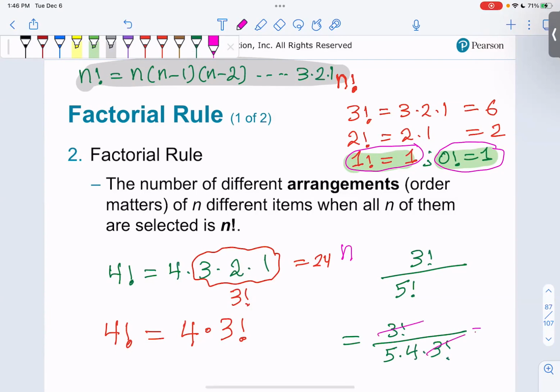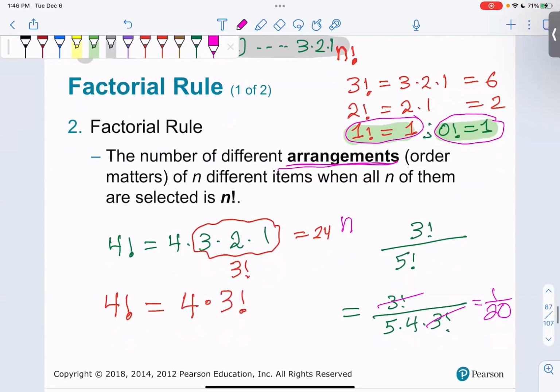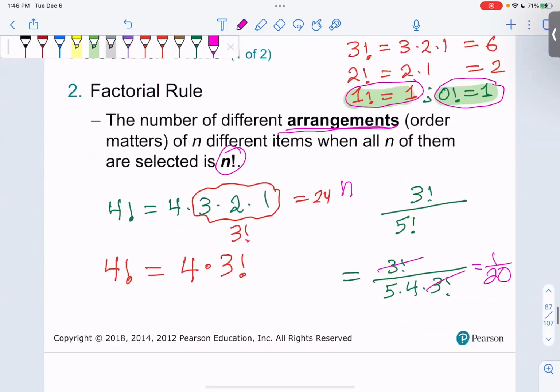It will be 1 divided by 20, for example. So this is the definition of factorial, an arrangement where order matters, starting from the same number going all the way to 1, and then we call it n factorial.